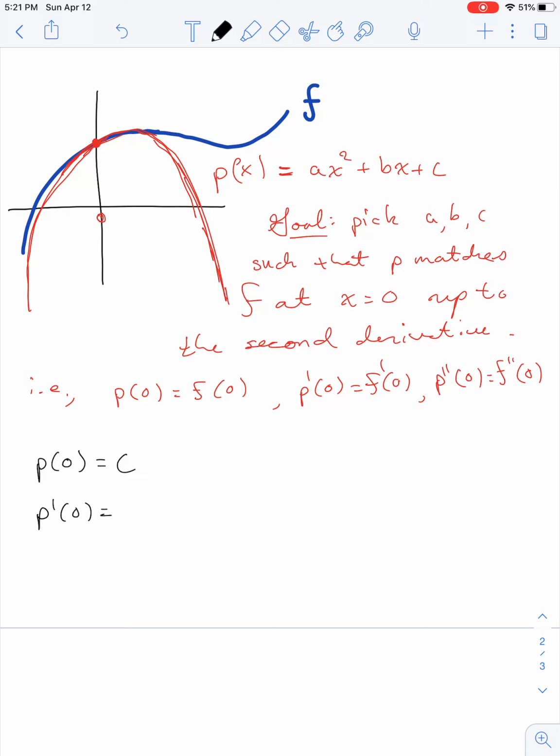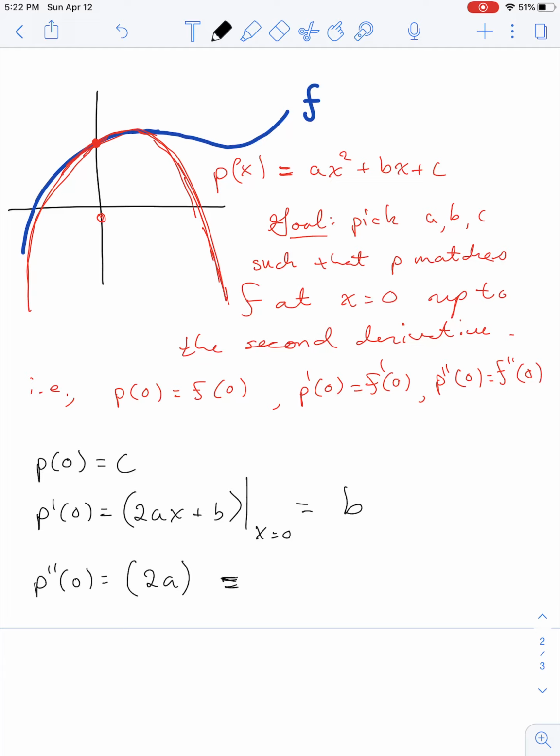P prime of 0, if I look at p prime of 0, well, p prime is going to be 2ax plus b, and I'm going to evaluate this at x equals 0, and that gets me exactly b. P double prime of 0 is, let's see, the second derivative of this parabola is 2a. So 2a, that doesn't depend on x anymore.